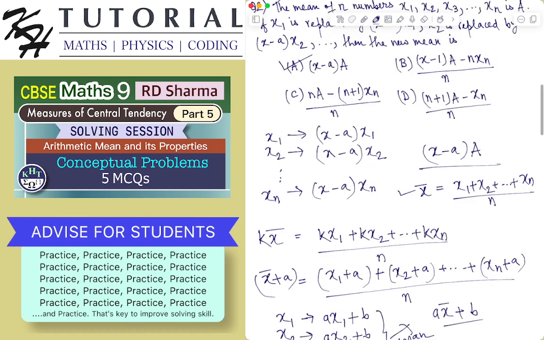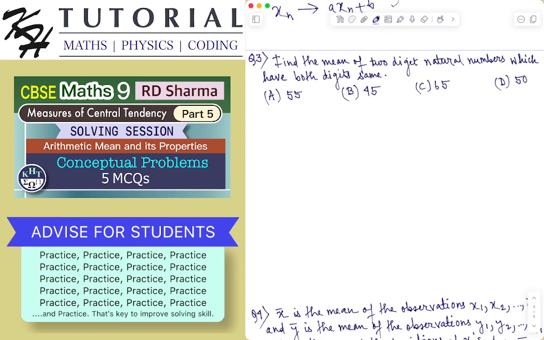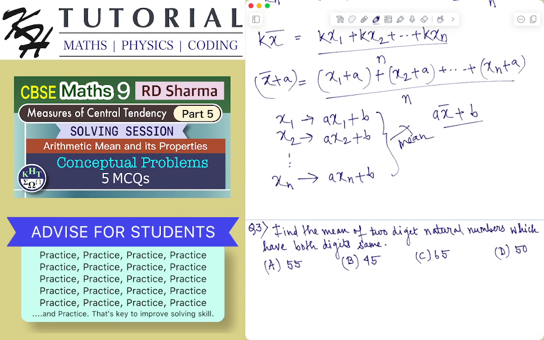Okay, let's see the next problem. Find the mean. Let's say there are observations {xi}. This is a notation used in some higher classes, which basically represents a sequence.